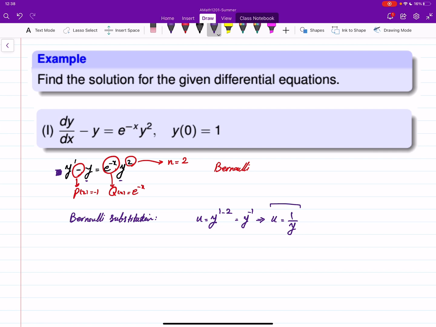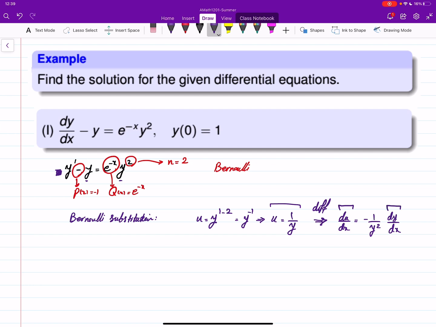How about y prime? The relation between y prime and u prime is given by differentiating this. So if you differentiate, applying the chain rule, du/dx will be negative 1 over y squared times dy/dx. This tells us the relation between u prime and y prime.